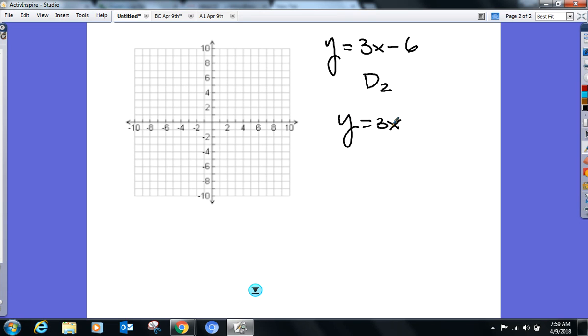I mean 3x, but this point right here, 0, negative 6, that's going to change. To 0, negative 6 will change to 0, negative 12. So now the y-intercept becomes negative 12. Okay, slope won't change.